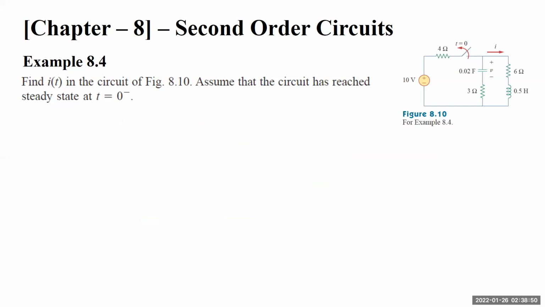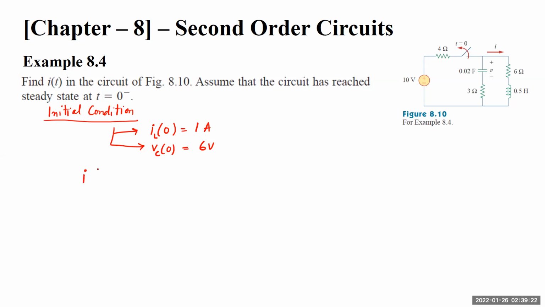So now we know the initial conditions. What were the initial conditions? The initial condition was I0 as 1 ampere, right? And the second initial condition was V0, the VC. So VC was 6 volt, and IL was 1 ampere.